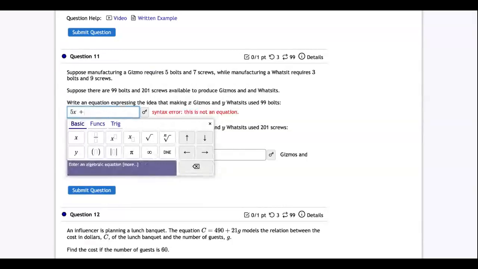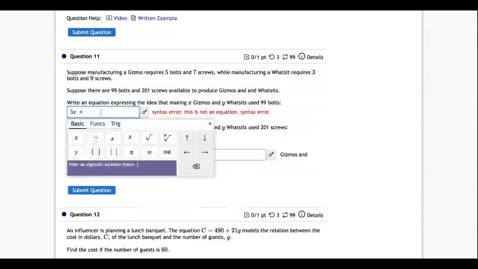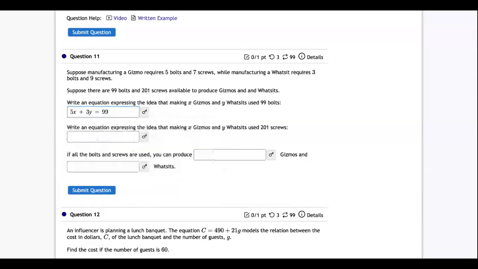Then worsets require 3 bolts, so that would be 3Y. Together, how many? 99, right? Use the 99. Because one gizmo requires 5 bolts and one worset requires 3. That's the equation.